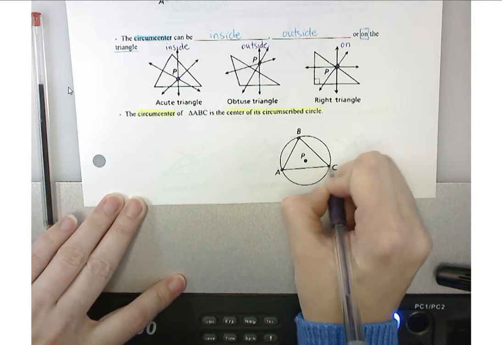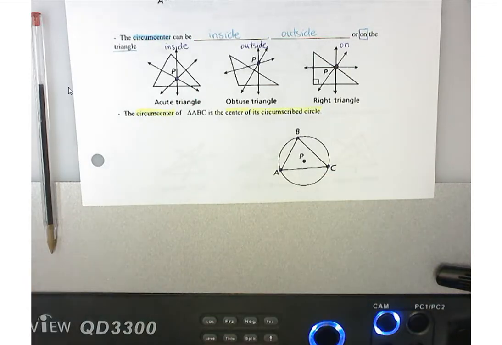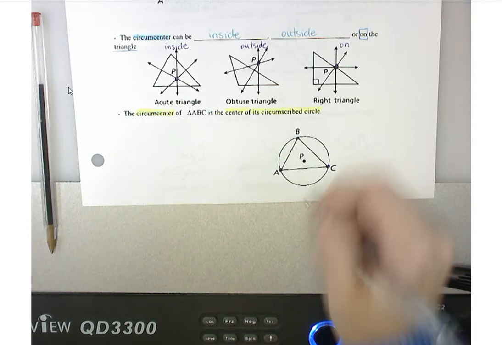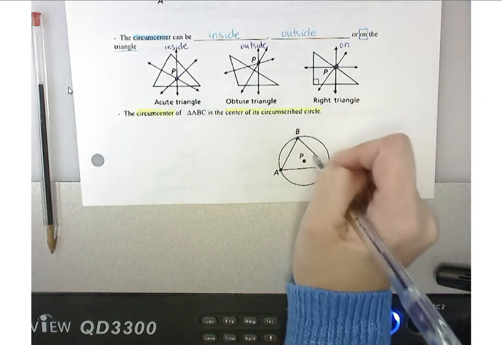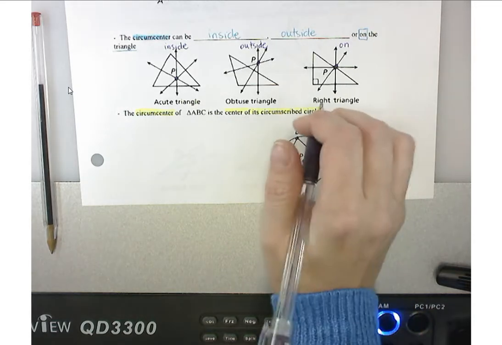But one thing that you should notice is with the triangle, all of its vertices are on the circle. Okay, so if it's circumscribed, you can see that the circle goes around the triangle. The triangle is inside it with its vertices on the edges.